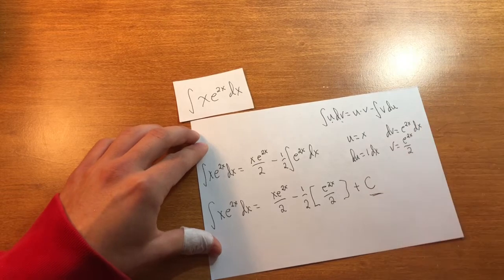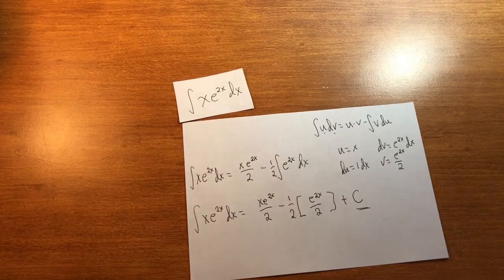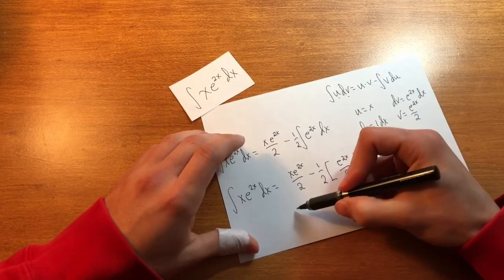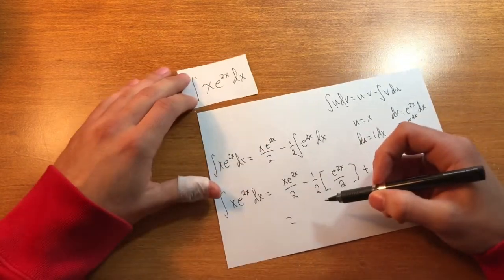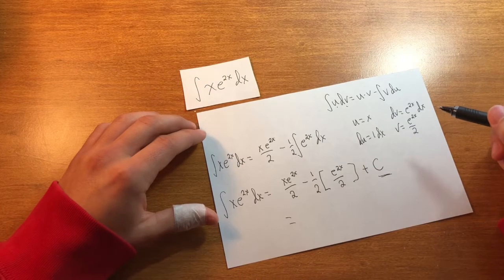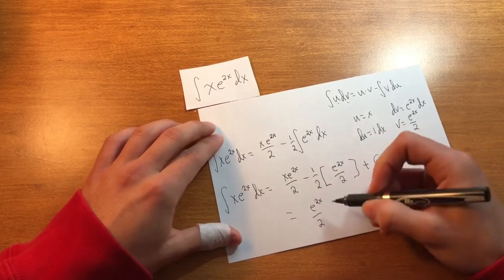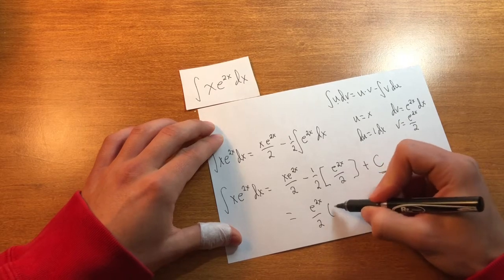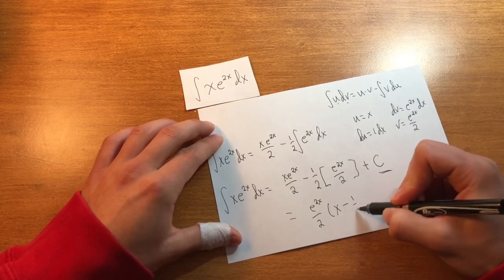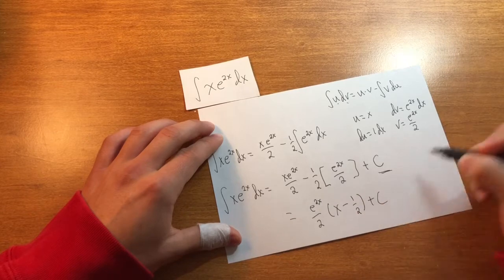Can't forget that. Very important part. The constant of integration. Never forget it. Something that I could do if I wanted to is bring out an e^(2x) over 2, because then this is going to be x minus 1/2, and again, plus the constant of integration.